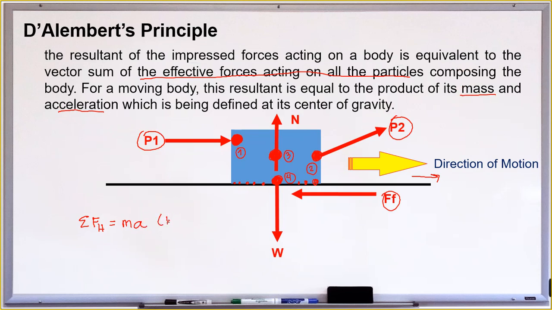So taking positive kung pa-right, we have P1 plus P2 minus frictional force is equal to mass times acceleration. So inganiyon nato pag-define ang ato ang equation of motion using the D'Alembert's principle.